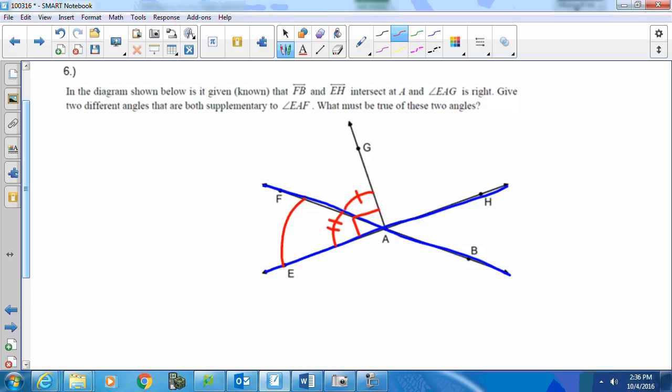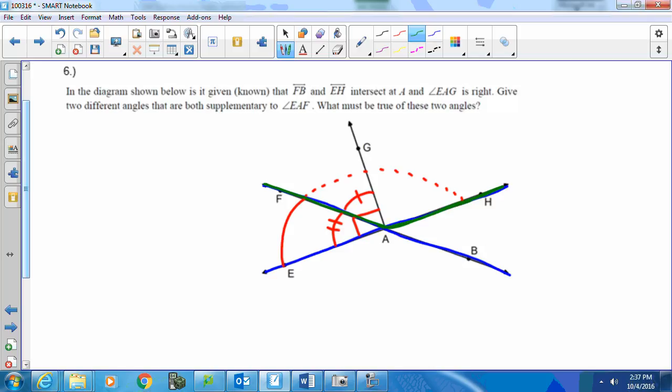So, supplementary. So think to yourself, what is going to make a straight line with EAF? So, let's see here. We have this angle here. Which angle is that? Hopefully you see that right there is this angle here.